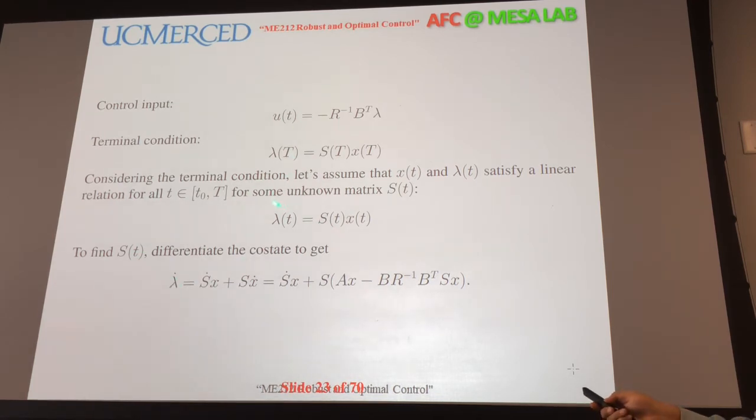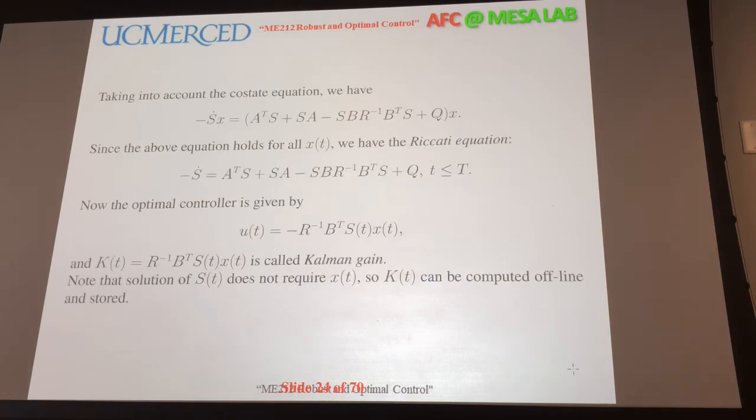You do lambda dot, you will have S dot x, and x dot. Then S dot x, keep it. Then x dot, you know this thing. Remember, this is R inverse B lambda is S x. So you write something like this. And then you remove the x to the other side.